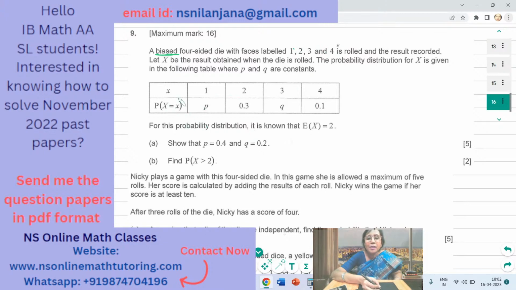And the probability of X equal to 1 is p, X equal to 2 is 0.3, X equal to 3 is q, and X equal to 4 is 0.1. For this probability distribution, it is known that the expected value of X is equal to 2, and subpart a says show that p equal to 0.4 and q is equal to 0.2.